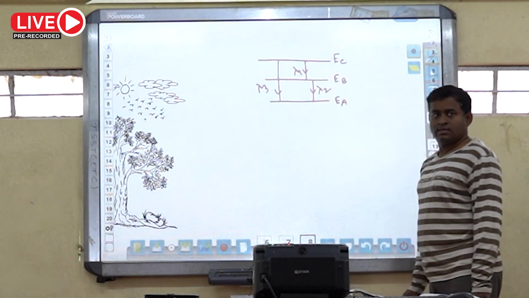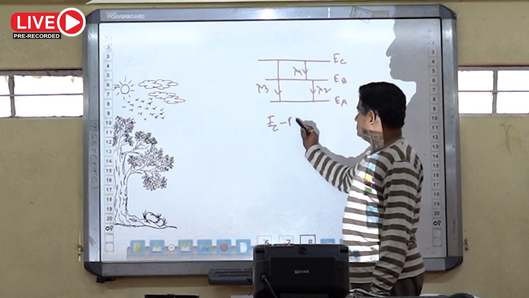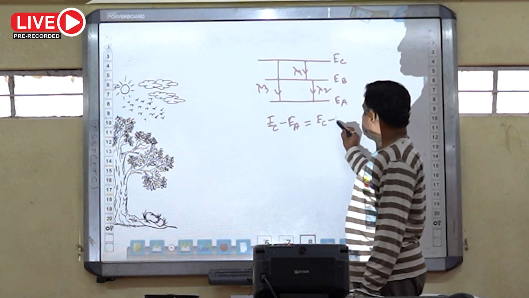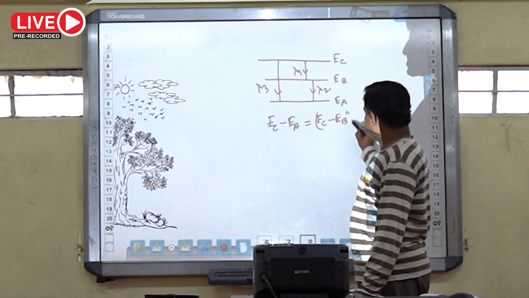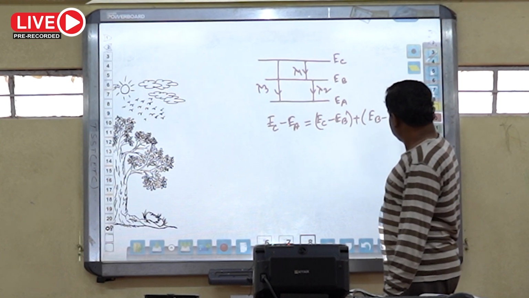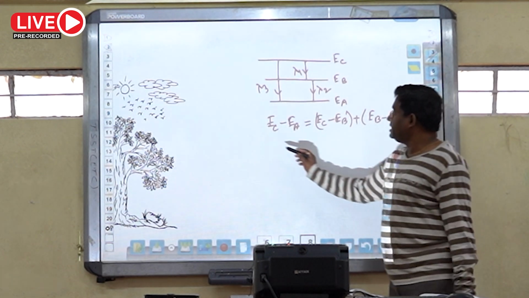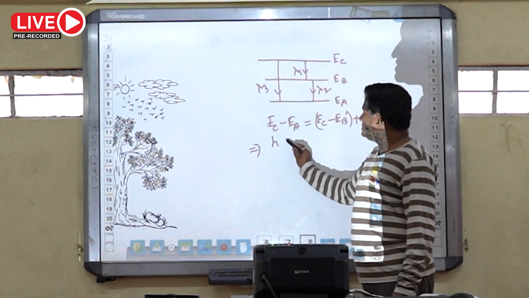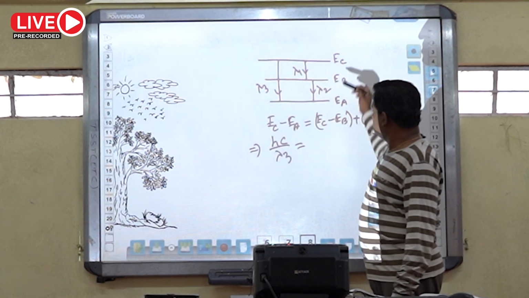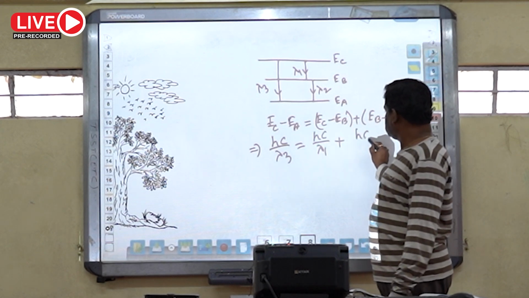Okay, then we can write EC minus EA should be equal to EC minus EB plus EB minus EA. Then EC minus EA is written as hc by lambda 3, EC minus EB is hc by lambda 1, and this is hc by lambda 2.